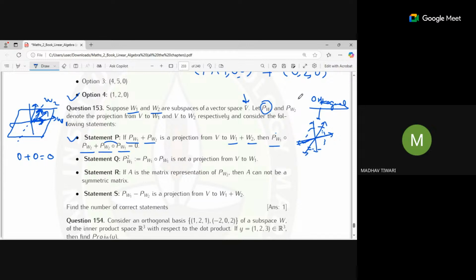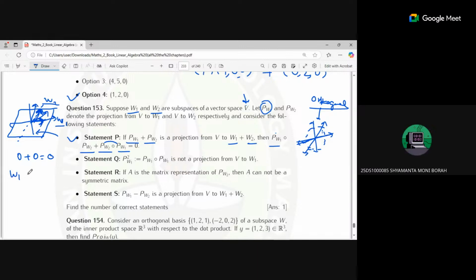I'm not saying I will use exactly the same one that is the basis for W1 and W2. After adding these two subspaces, I can find a basis for the resultant subspace, the whole subspace.